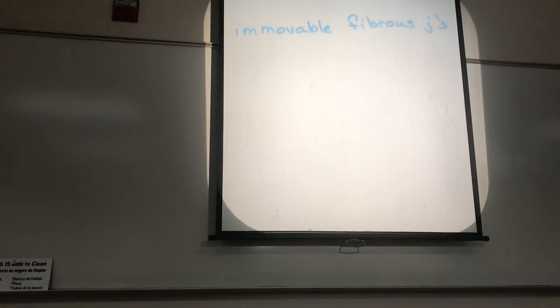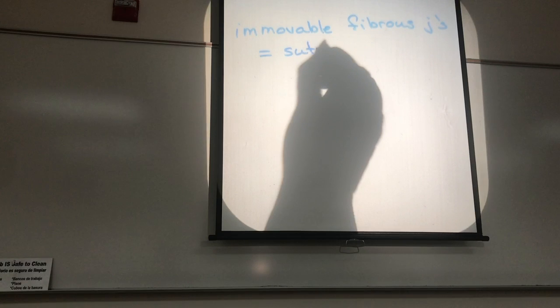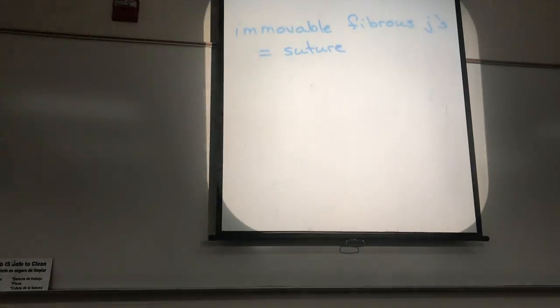An immovable fibrous joint is called a suture. We know about sutures, don't we? Where do we find sutures? Skull. On the skull, that's right.